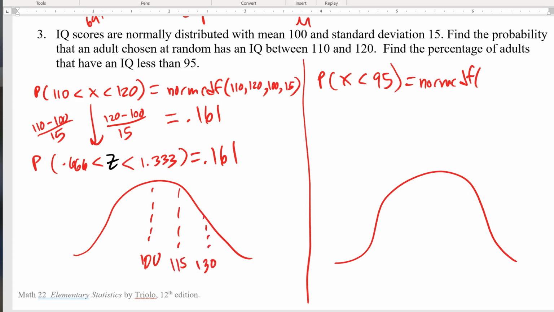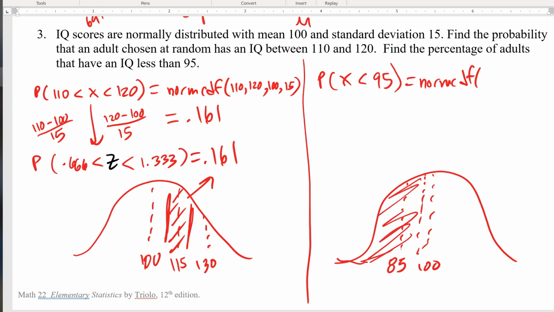Then it'd be 130. And I can see between like 110 and 120, and that was our percentage. It was about 16%. But this we're saying, with a mean of 100, well, 95 would be back here. This would be 85, actually, so 95 would be closer to here. And less than would be everything to the left of that.